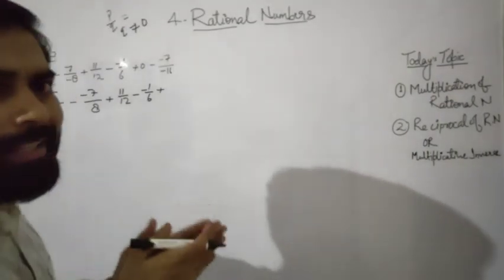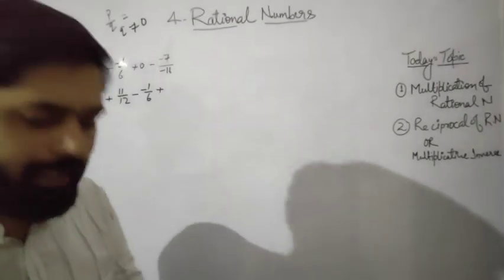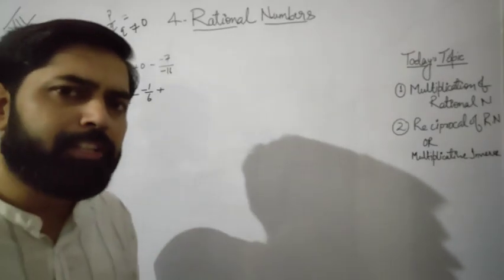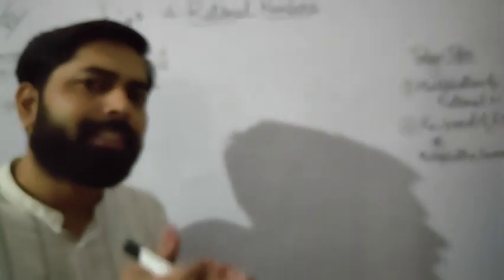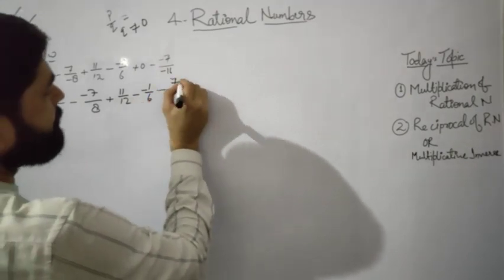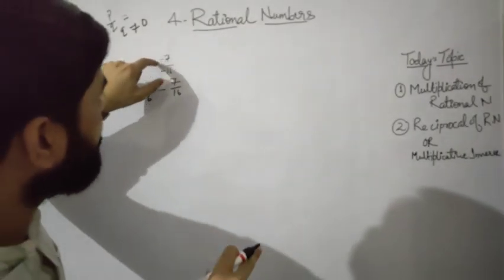If you want, you can write the 0, otherwise no need, because you know the 0 property in addition and subtraction: when we add 0 to any number, we get the same number. So we can write directly minus 7 upon minus 16, which is 7 upon 16, because multiplying minus 1 in numerator and denominator we get 7 upon 16.